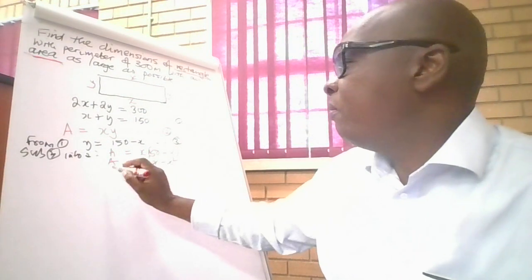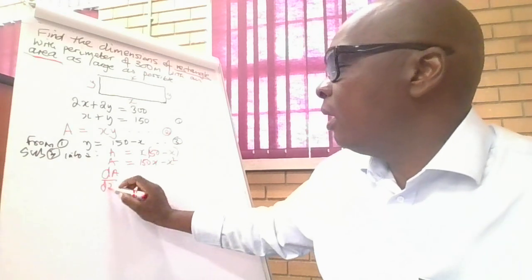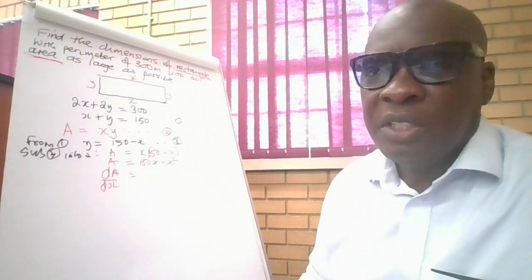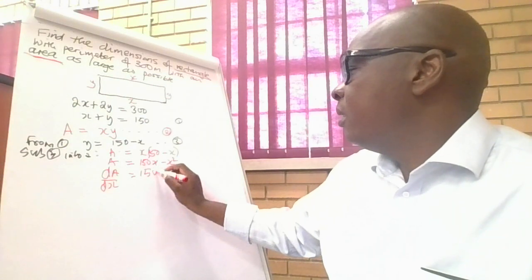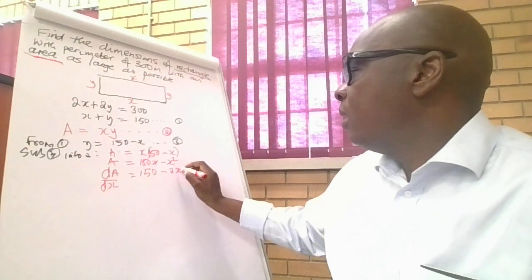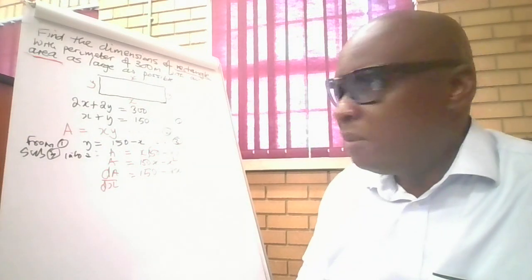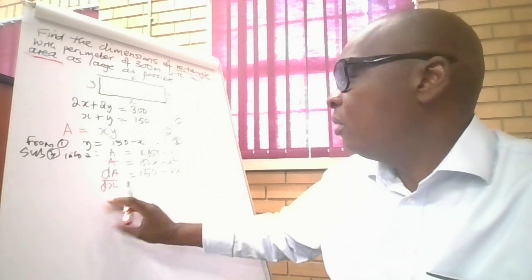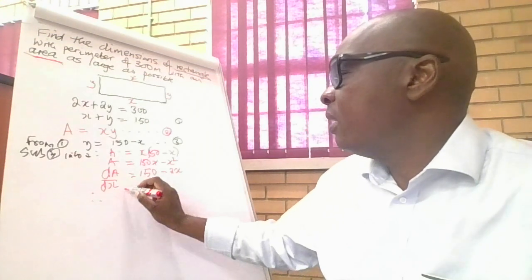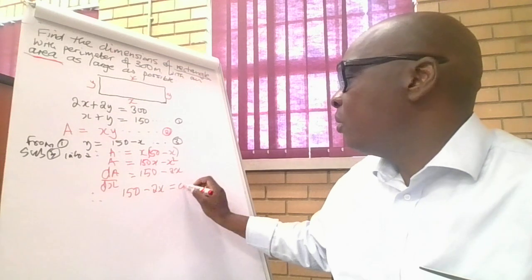So I am able to find the derivative of A with respect to x. If I differentiate that, what I'm going to get is 150 minus 2x. And remember, I said to get the maximum values, or the maximum dimensions, we must equate the first derivative to 0. This simply means that 150 minus 2x should be equal to 0.